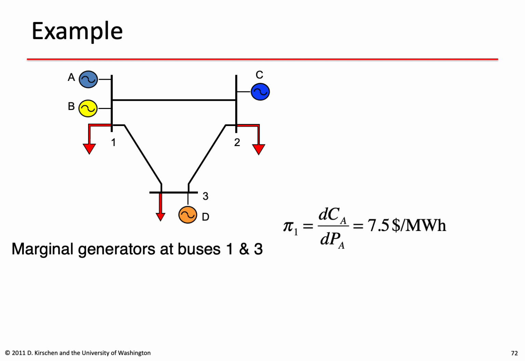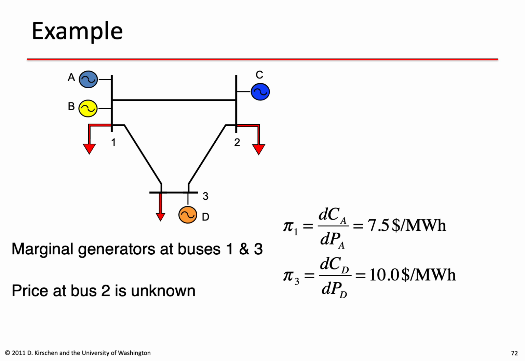Therefore, the price at bus 1 is given by the marginal cost dCA over dPA, which is $7.5 per megawatt hour, and the marginal cost of generator D gives us the price at bus 3, dCD over dPD, which is $10 per megawatt hour. On the other hand, the price at bus 2 is unknown, and the line between buses 1 and 2 was also an active constraint, so the Lagrange multiplier mu12 is unknown.